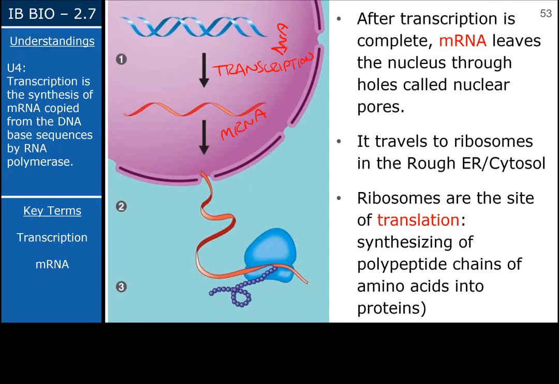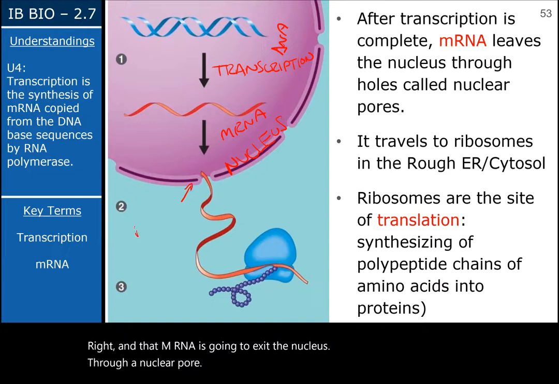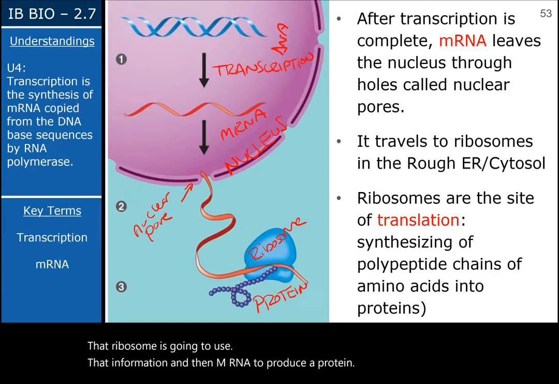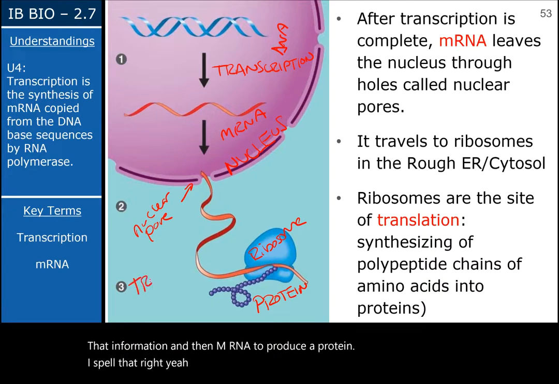And that mRNA is going to exit the nucleus through a nuclear pore. And it's going to travel to the ribosome. That ribosome is going to use that information in mRNA to produce a protein. Did I spell that right? Yeah. This process is translation.